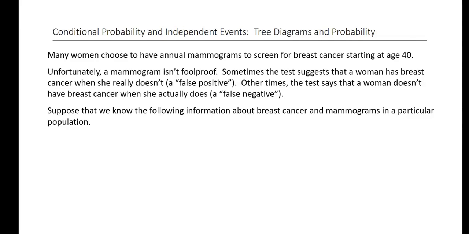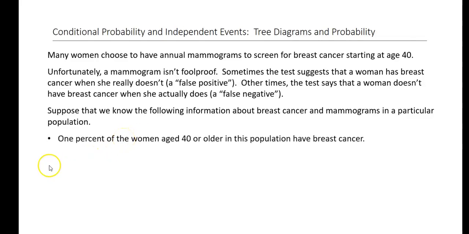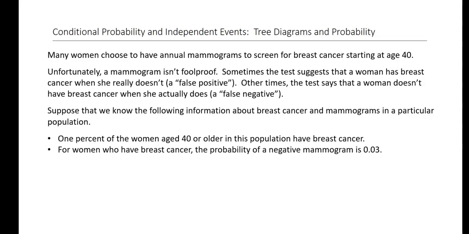Suppose that we know the following information about breast cancer and mammograms in a particular population. 1% of the women age 40 or older in this population have breast cancer. For women who have breast cancer, the probability of a negative mammogram is 0.03. I don't know if you caught it, but that second one seems conditional on the first one. So I think the first branch will be have breast cancer or not.